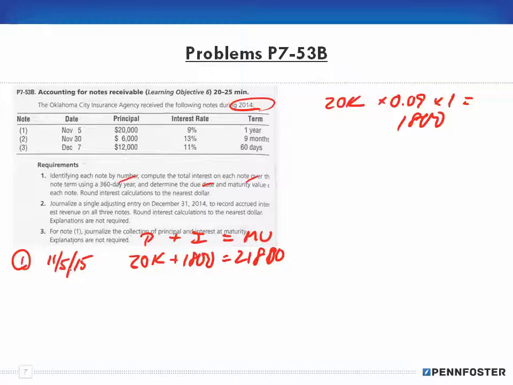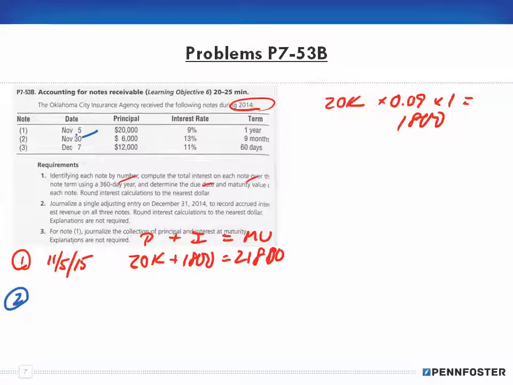Okay, that's number 1. Now number 2, that's November 30th, and it's for 9 months. So November, December, January, February, March, April, May, June, July, August. Now pay attention to the date here. Remember, November 30th, so all of December is 1 month.